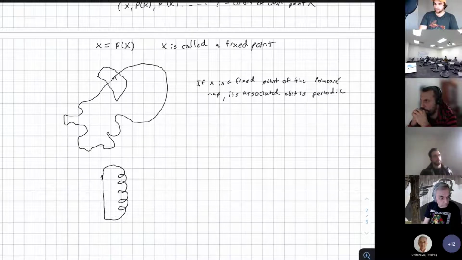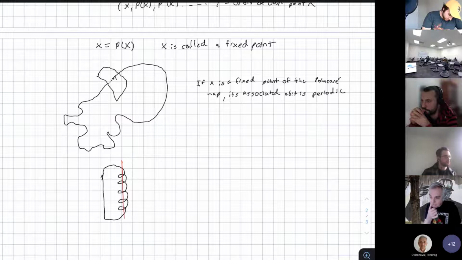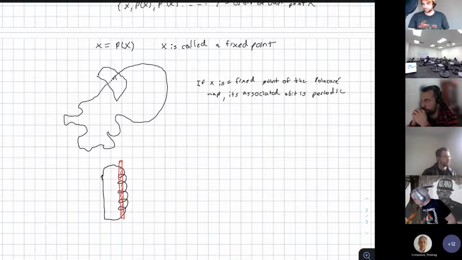But now imagine that I pick my Poincare section, kind of hard for me to show here, to be coming out towards us, and I'm only going to have it so that it hits sort of the intersection of that binding. So it's still even an oriented Poincare section.